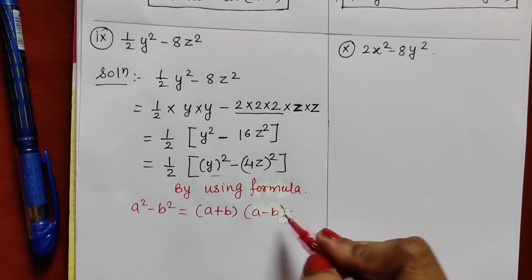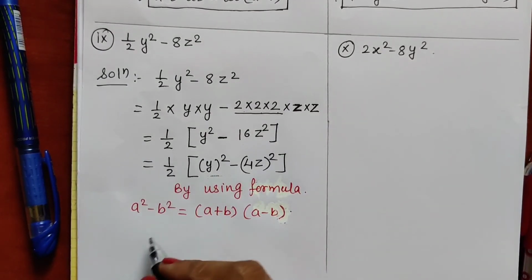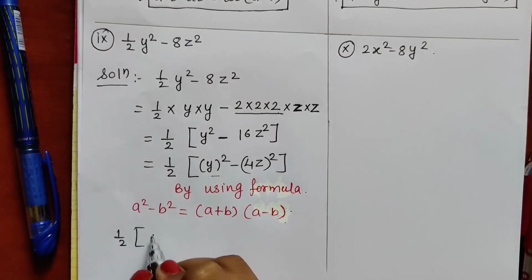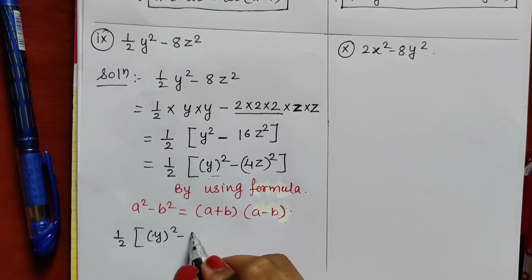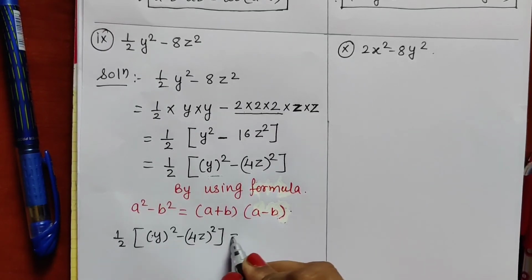We will apply the formula to this bracket only. This 1 upon 2 we keep writing as it is.